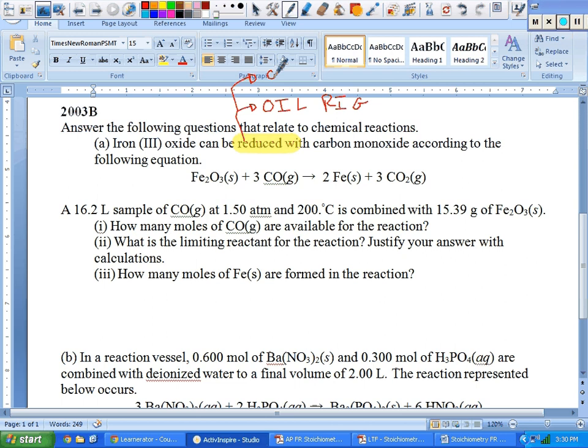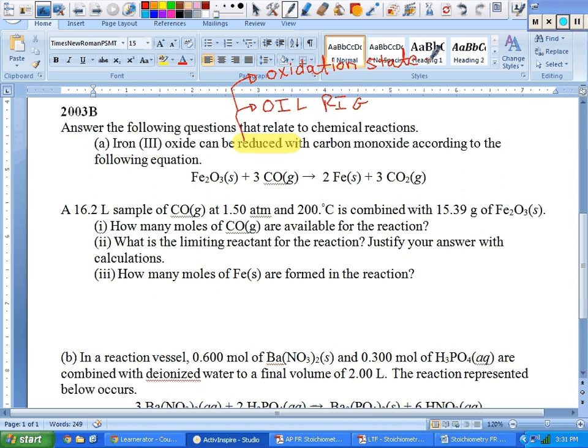Because I'm going to throw in just a little bit of electrochem for just a second. It should be pretty simple. Remember, reduced. What does OIL RIG mean? Oil is oxidation is a loss. Yes. Reduction is a gain.